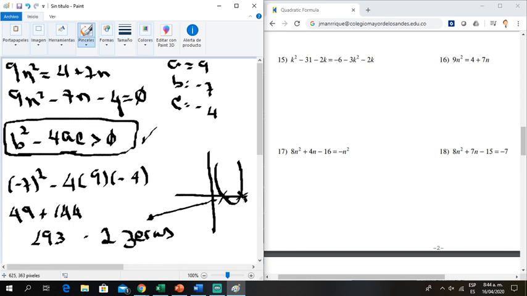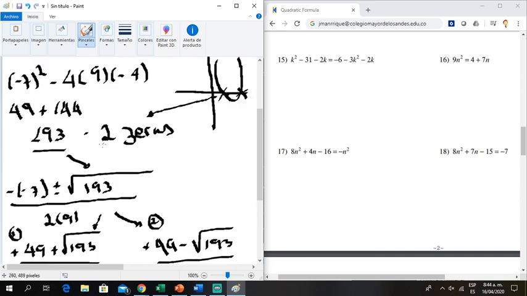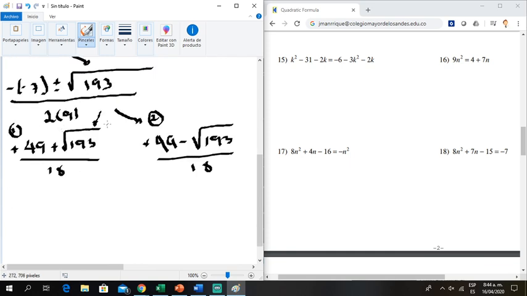Equal to 0, one root. Less than 0, no root. Later, we can replace again using the quadratic formula. And later, we only have to calculate, and look at that, we have two solutions. The discriminant tells us that we have two zeros and two solutions, one with positive and the other one with negative.